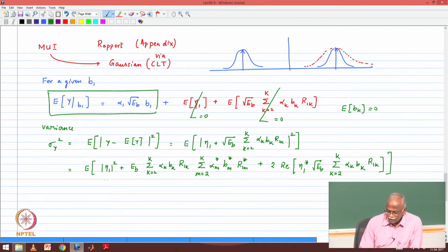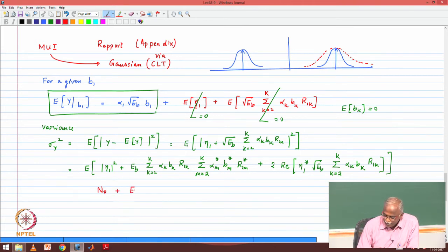The first one is the noise term, AWGN, so the first term will be given by the noise variance N naught. Now, for the expected value of bk bm star, if k is not equal to m, these will be independent and zero mean, so that term will cancel. What will be left is only when k and m are the same.